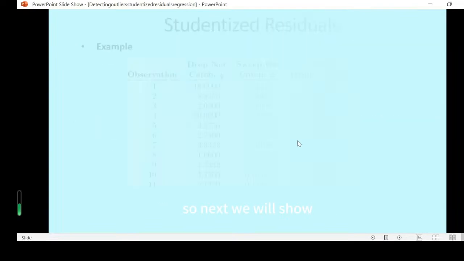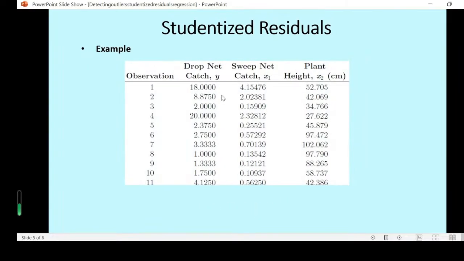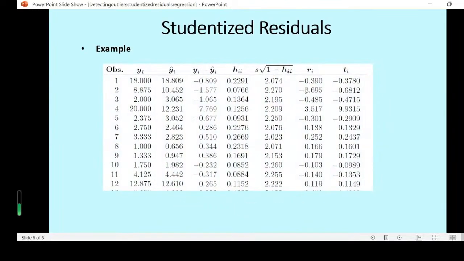So next we will show an example. So here is the data for y, x1 and x2. Then after calculation, we can get a table. For Ri, this is the studentized residual, and Ti, this is the R-student t-value. So you can see for the fourth observation these two values are very large.